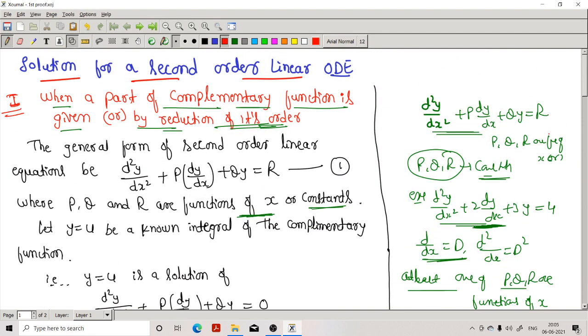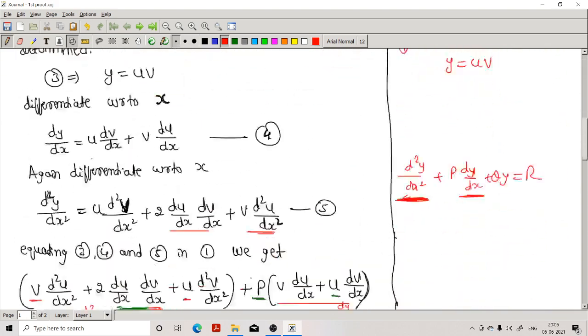There are two names we call it by, that is, when a part of a complementary function is given, this we already know, where this is a part of a complementary function, or reduction of order. That is, we are reducing the second order differential equation to a first order and solving for the corresponding value of v. Therefore the name reduction of order.